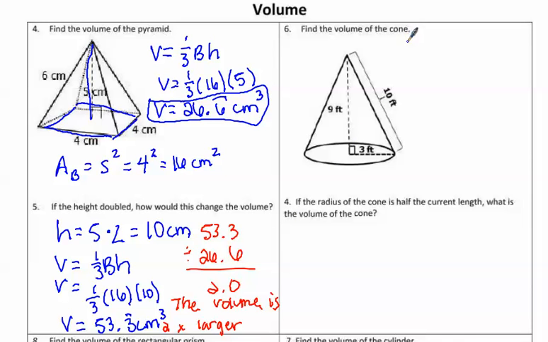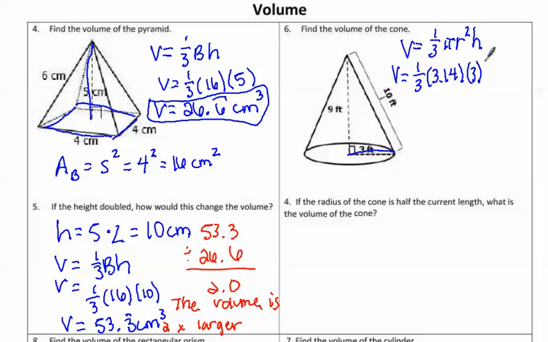How about the volume of a cone? You want to write down the formula, which is 1/3 times pi r squared times the height. Remember to use 3.14 for pi. The radius shows here at 3 feet.